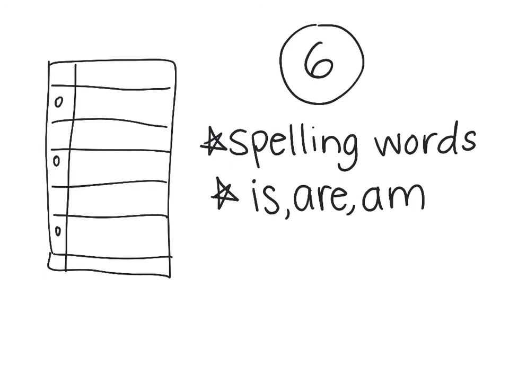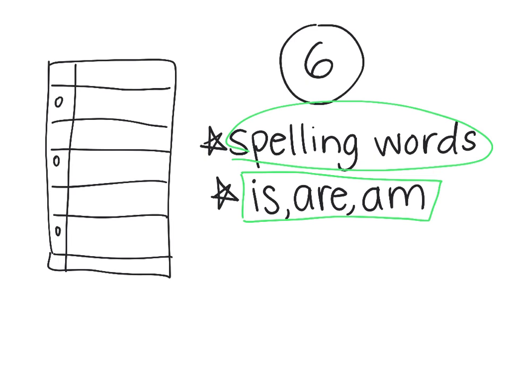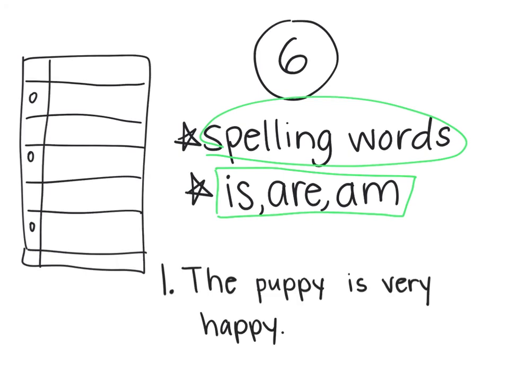So in your sentences, when you use a spelling word, I want you to circle it. And when you use one of these forms of the verb be, put a box around it. For example, if my sentence was, the puppy is very happy, I used 2 spelling words, puppy and happy. So I circled them. Oh, actually, I used very too. Didn't realize that.